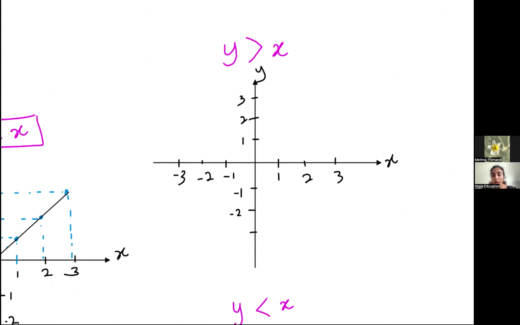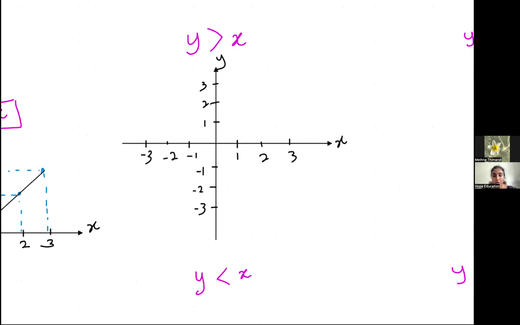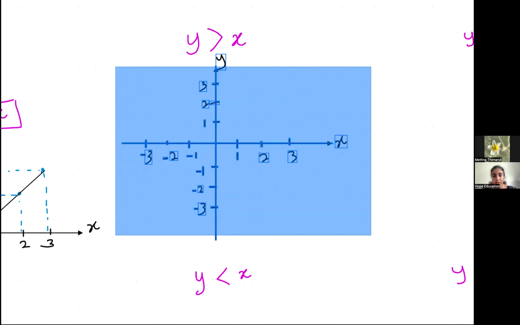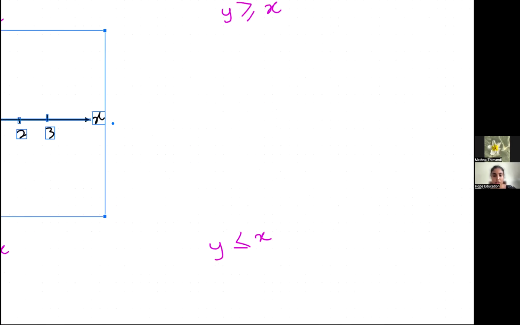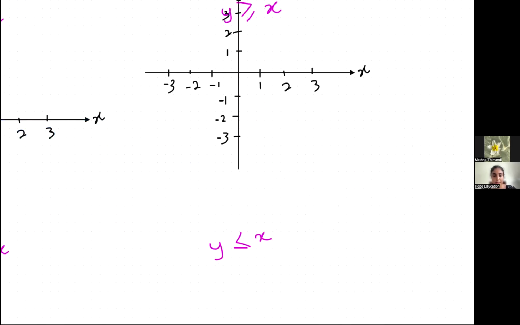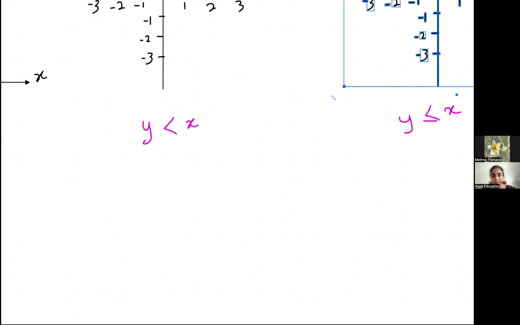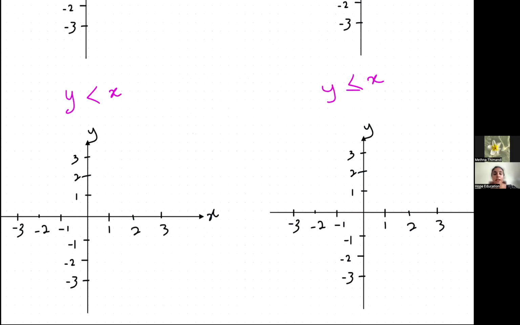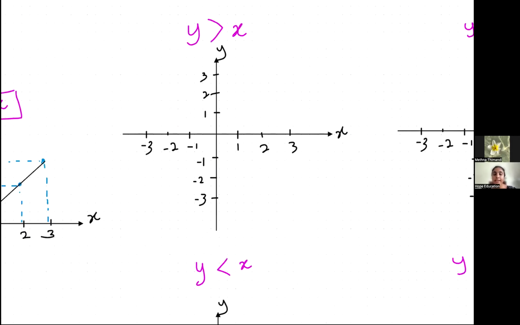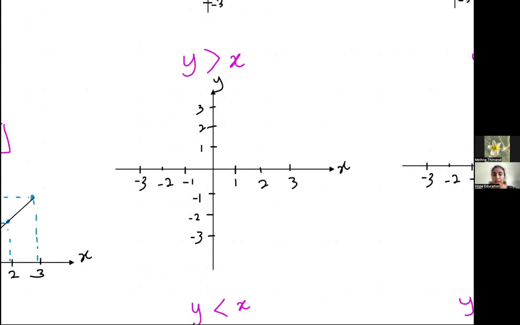If you are using a square ruled book, you can draw with equal gaps. Since I don't have square rules, I will just roughly draw it. I will take the same on the other side too. So my Cartesian plane, like this. Okay. Now here, we need to shade the region y is greater than x.